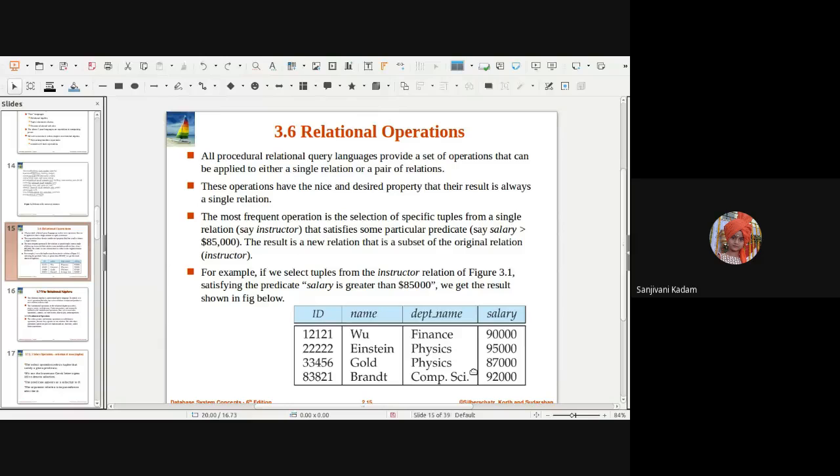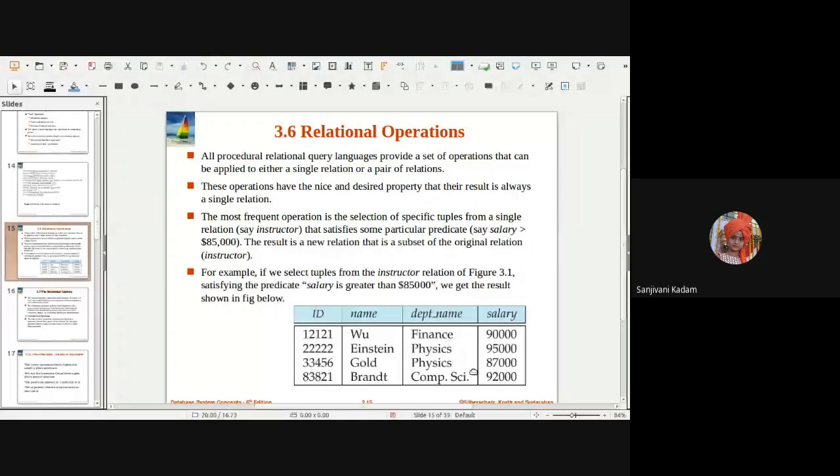Similarly, we can apply a condition on any of the attributes. It is not fixed that we apply a predicate only onto the salary or any integer value. The thing is that the attribute should be operation compatible.